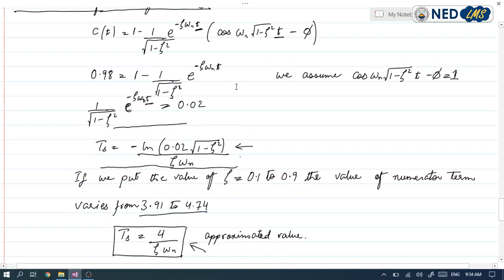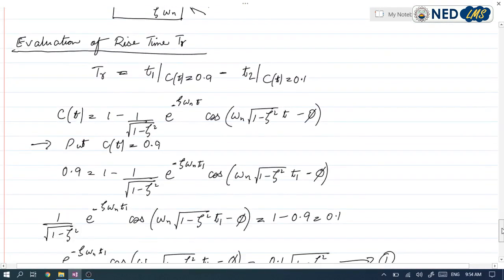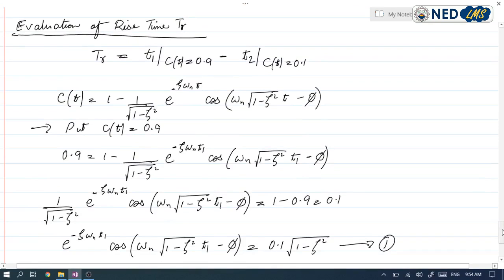And now we will evaluate the value of rise time. We know that rise time is the time required for the waveform to go from 0.1 of the final value to 0.9 of the final value.